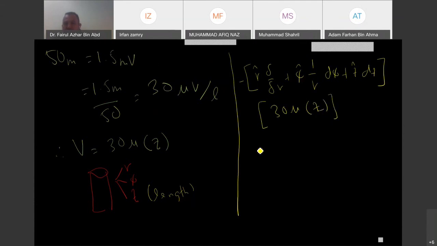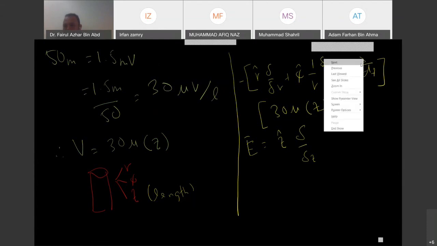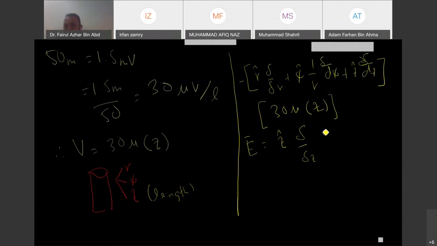If we solve this, the dr component will of course be 0, and the phi component is also 0 because we don't have any function of phi. So it leaves us with E equal to z cap d/dz of 30 micro z.